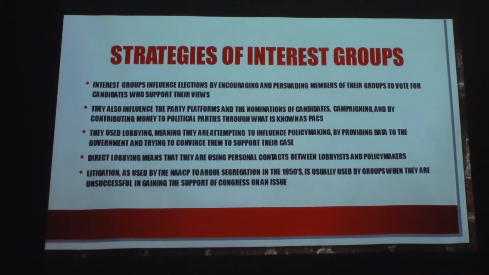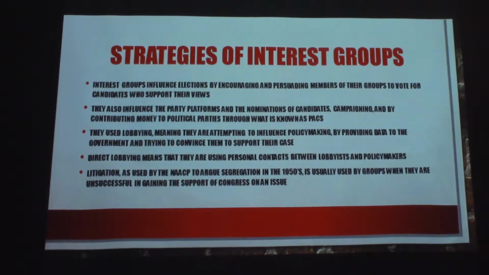Strategies of interest groups. Interest groups influence elections by encouraging and persuading members of their groups to vote for candidates who support their views. They also influence the party platforms and the nominations of candidates, campaigning, and by contributing money to political parties through what is known as PACs. They use lobbying, meaning they are attempting to influence policymaking by providing data to the government and trying to convince them to support their case.